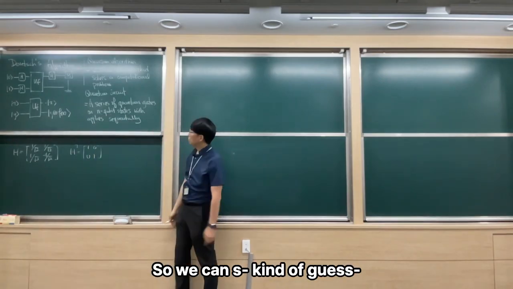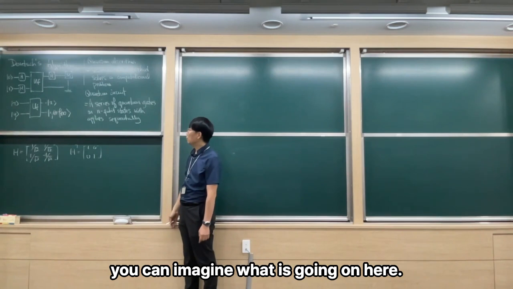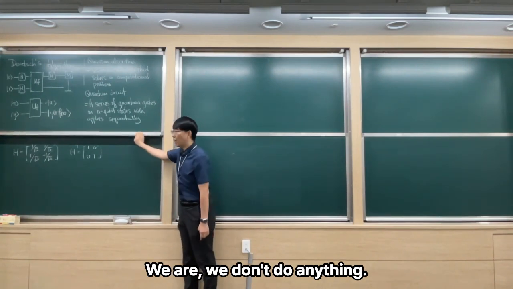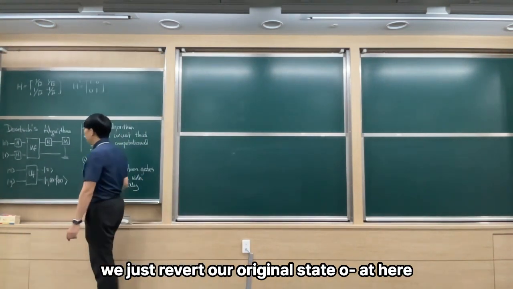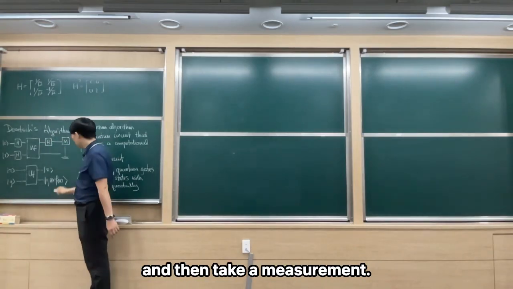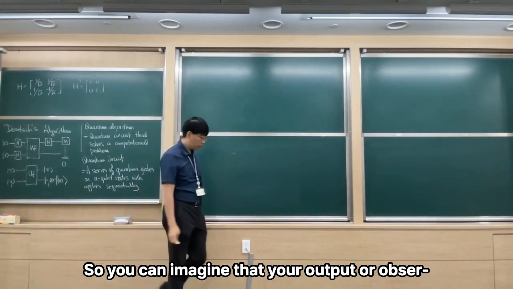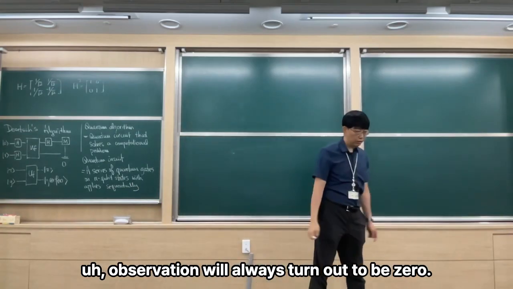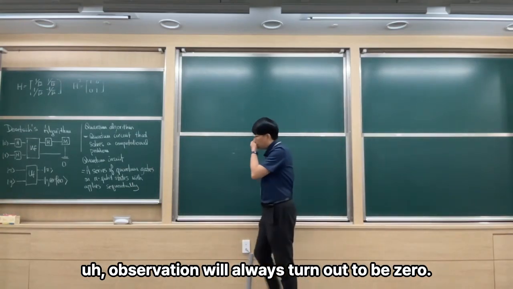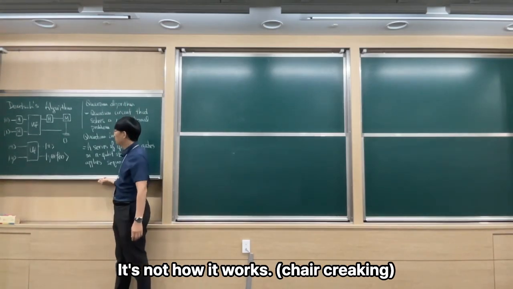So you can imagine what is going on here. We don't do anything. We just revert to our original state and then take a measurement. So you can imagine that your observation will always turn out to be 0. But it's not how it works.